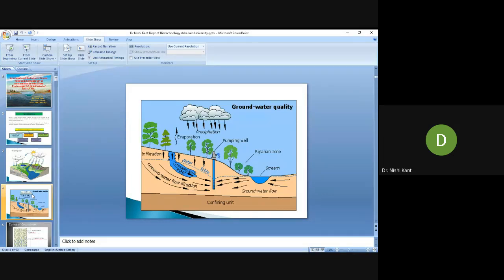Groundwater quality. Groundwater is a key resource of water supply everywhere throughout the world. It is evaluated that roughly 33% of the total populace utilize it for drinking purposes. It was appraised that around 700 cubic kilometers of water was removed by the world populace each year.